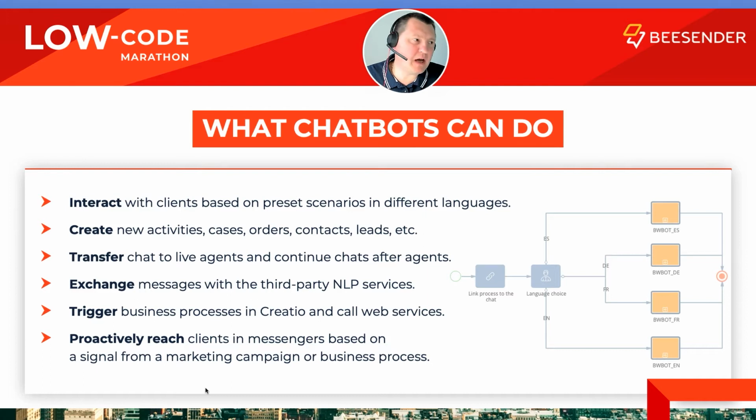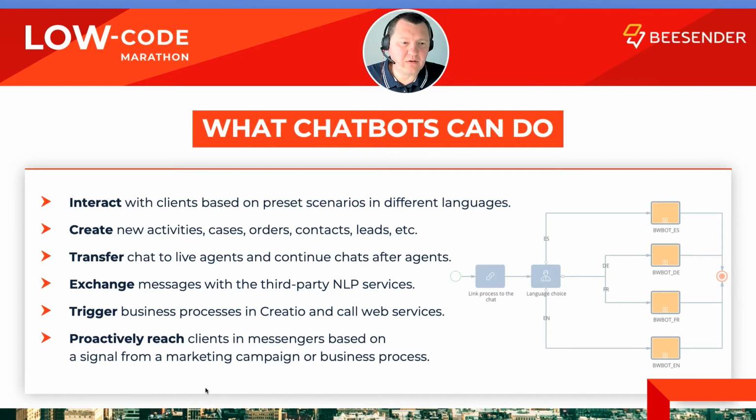So sometimes it happens that you do not have inside the Creatio database all the information you have about this or that person. But let's say if this or that person wants to know the balance of a bank account.